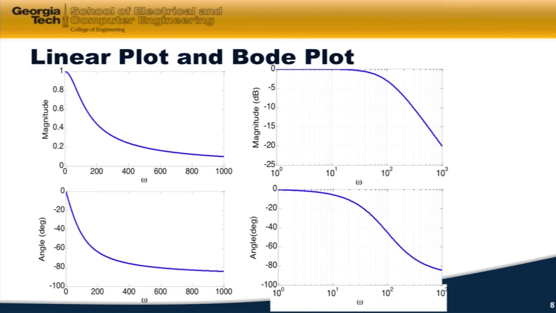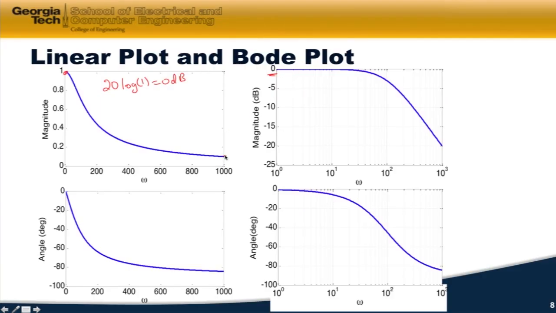So what's the difference in the looks of these, linear plot versus a Bode plot? This is a linear plot and its corresponding Bode plot. So at every point, for example right here, I would take 20 times the log of 1, and I get 0 dB, which is where this goes to 0 dB.